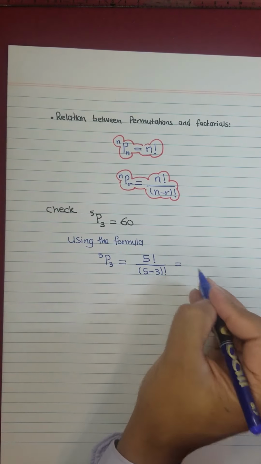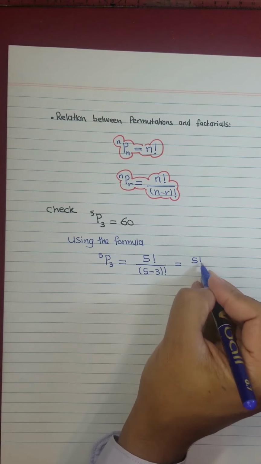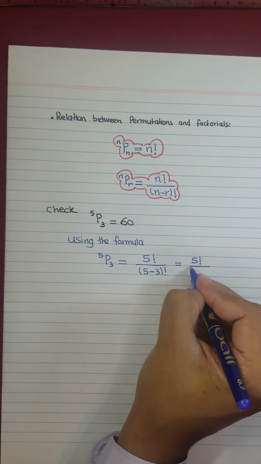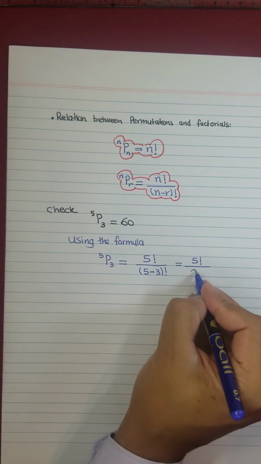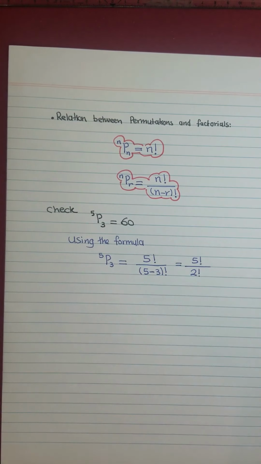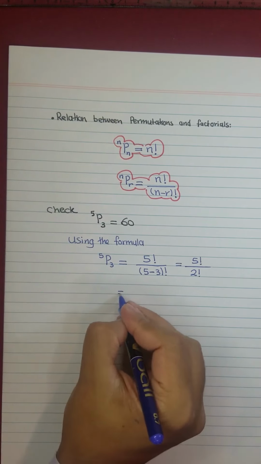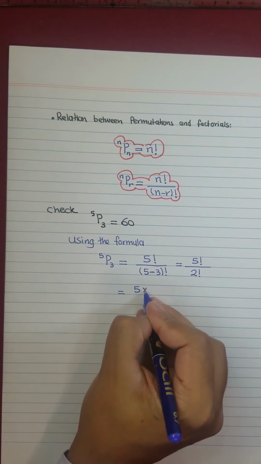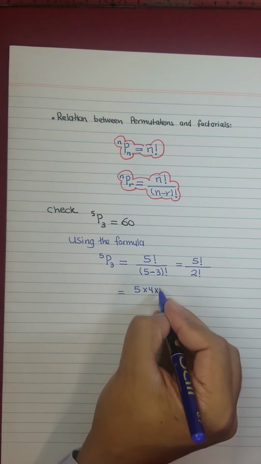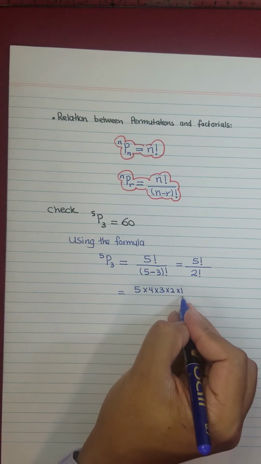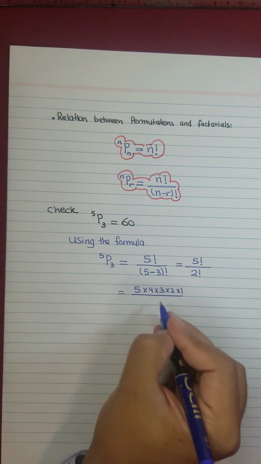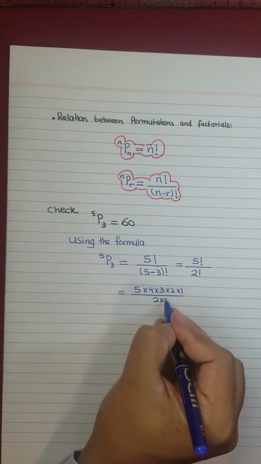We'll just open it in a sec. 5 minus 3 is 2, so this is 2 factorial. Good? Now let's evaluate each one of them. So 5 factorial is actually 5 times 4 times 3 times 2 times 1 over 2 factorial, which is 2 times 1.